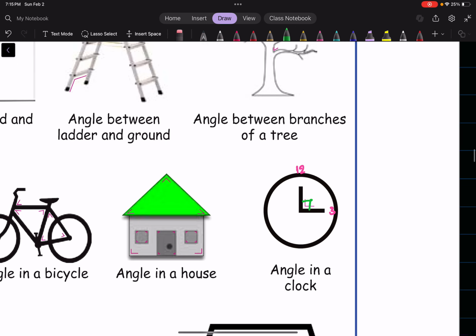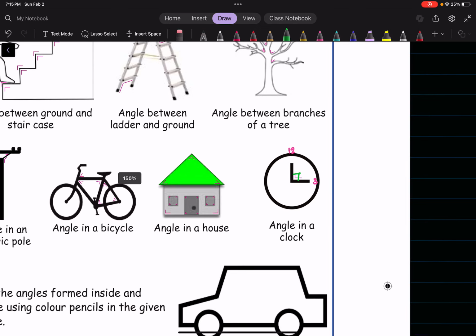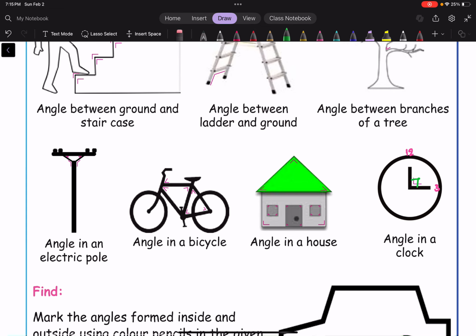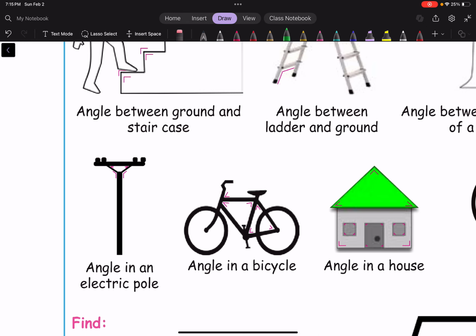It moves slowly, which you can notice and observe in your day-to-day life. And this is the electric pole that you see everywhere, right? There are angles over here, and these angles are almost constant.